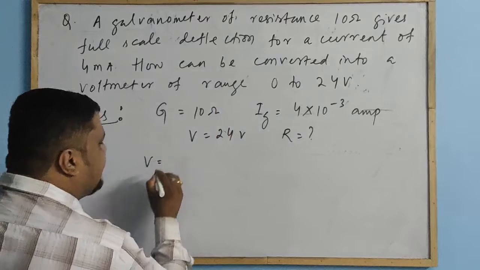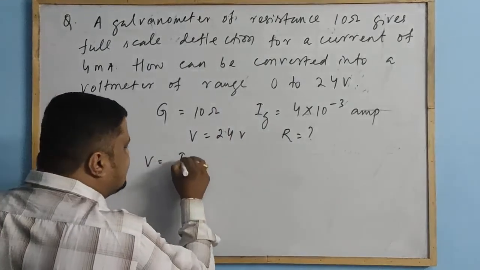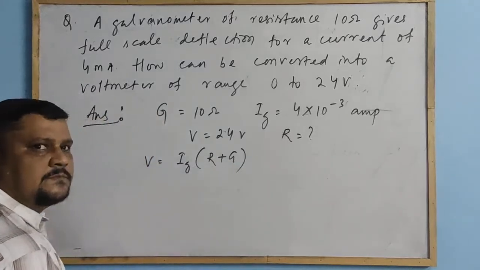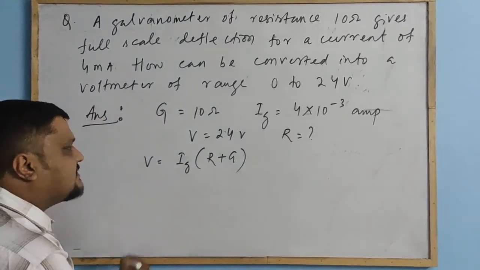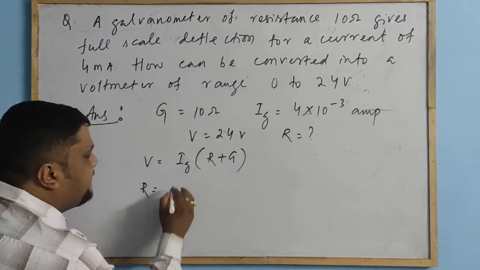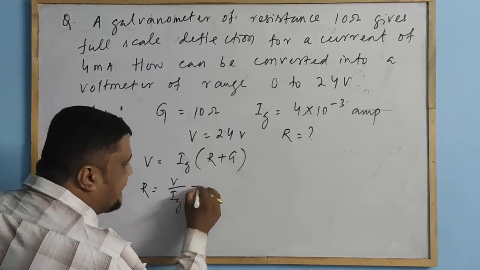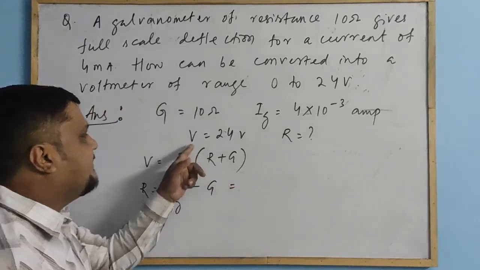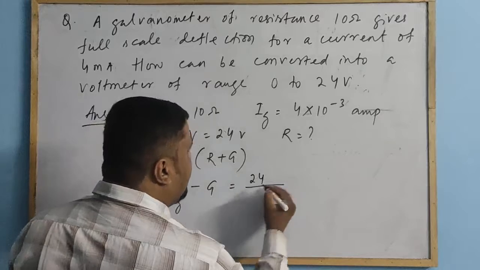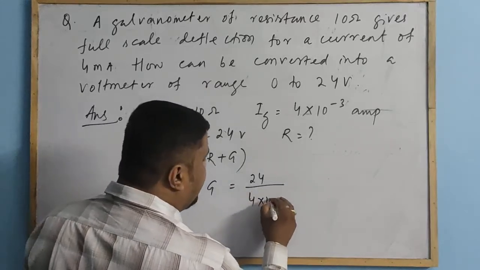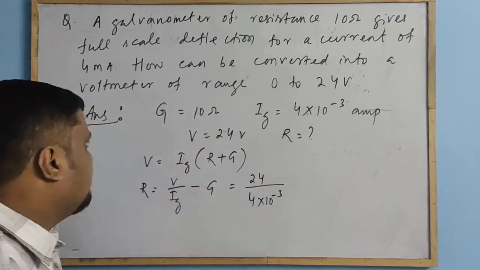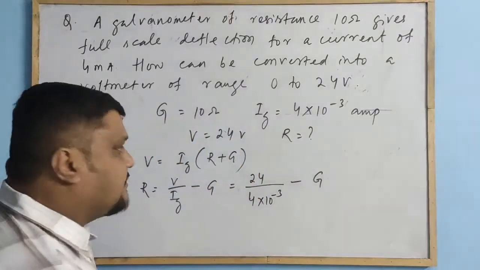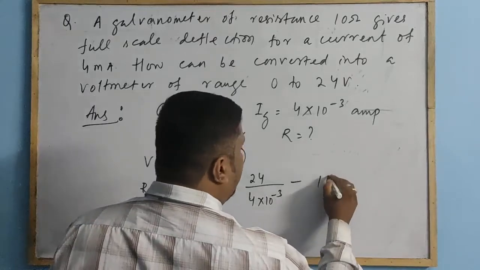So V is equal to Ig into R plus G. By putting all these things, we can say R is equal to V by Ig minus G. What is V by Ig? V is 24 by Ig, 4 into 10 to the power minus 3, minus G, 10. Right? So this is your G, 10 ohm.